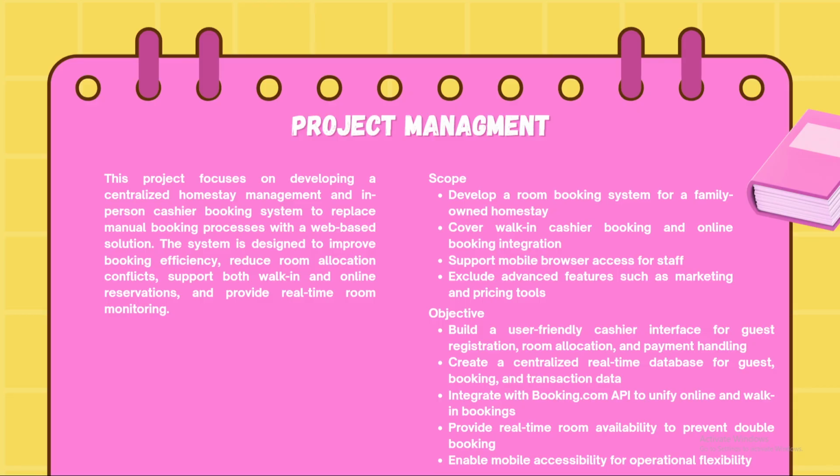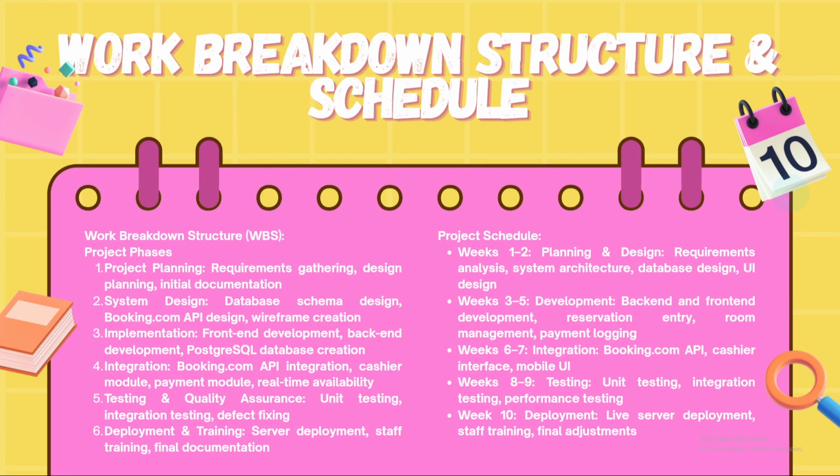The objective here is to build a user-friendly cashier interface for guest registration, room allocation, and payment handling, and then create a centralized real-time database for guest booking and transaction data, able to integrate with the Booking.com API to unify online and walk-in bookings, provide real-time room availability to prevent double booking, and lastly, enable mobile accessibility for operational flexibility.